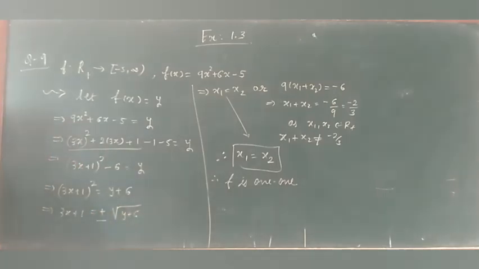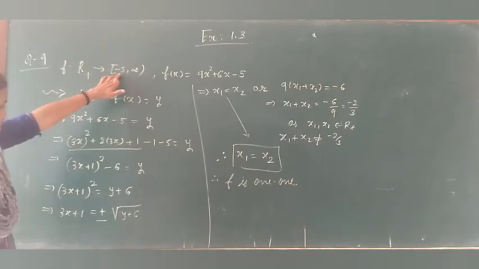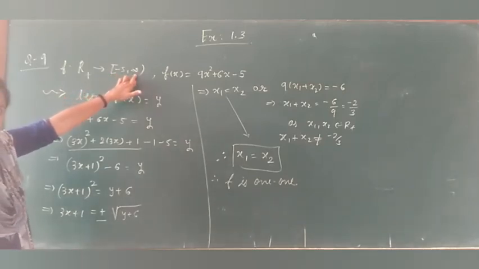But how? Plus or minus. If we are taking the square root, then we are getting plus or minus under root y plus 6. But students, you see this one, as our y belongs to minus 5 to infinity.